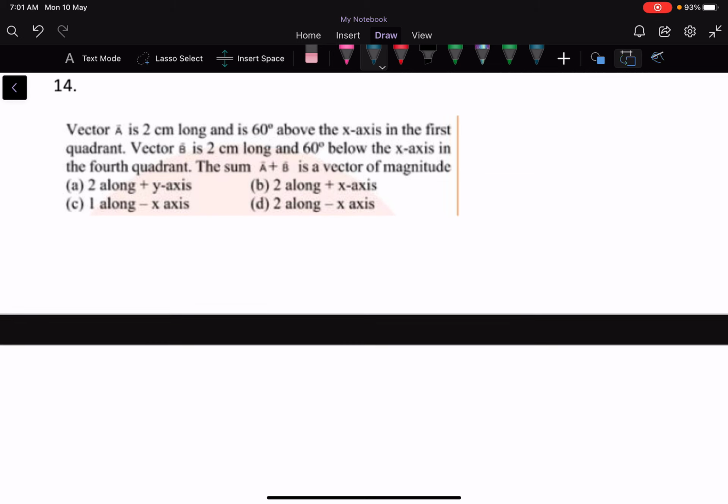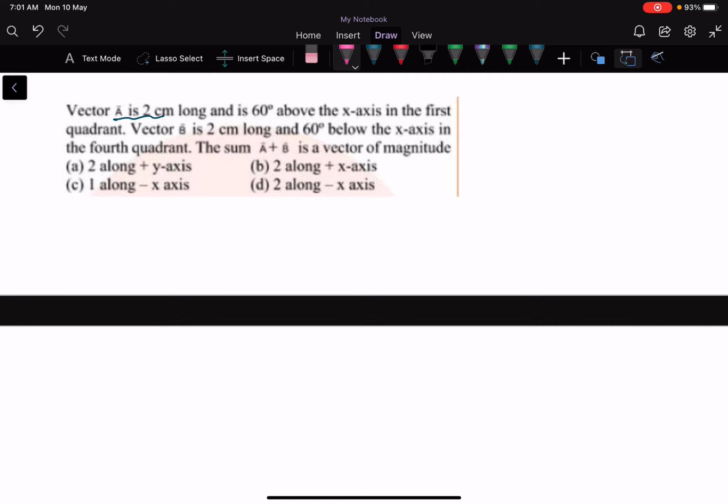And 14th question. Vector A is 2 centimeters long and is 60 degrees above the positive x-axis.